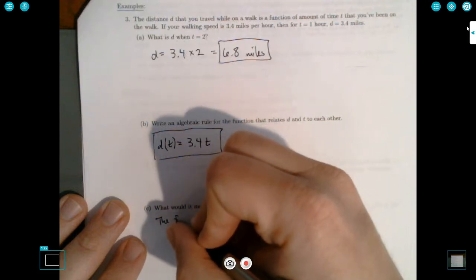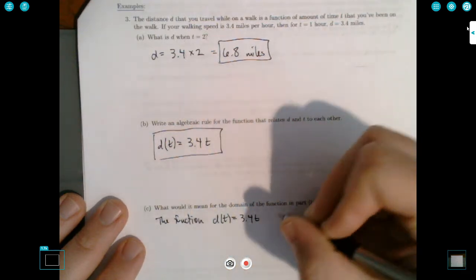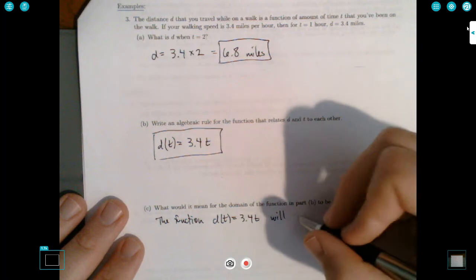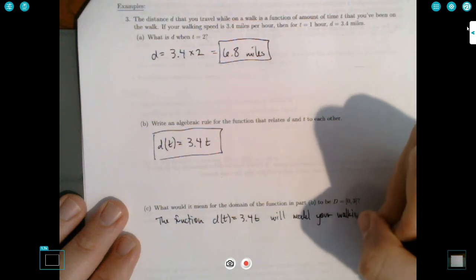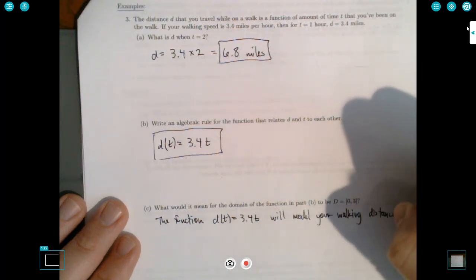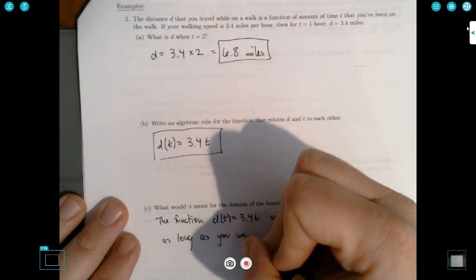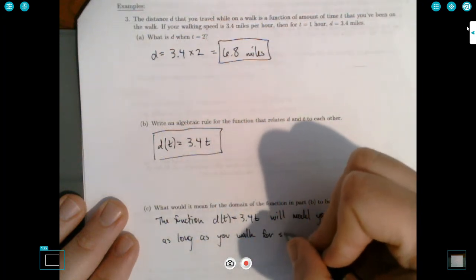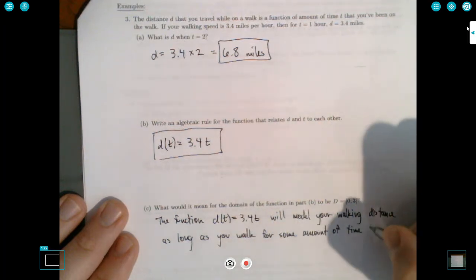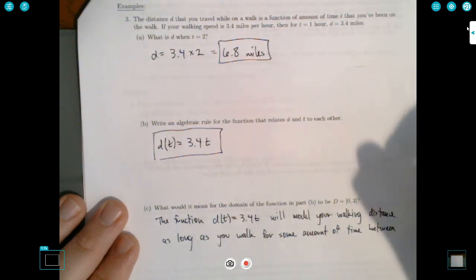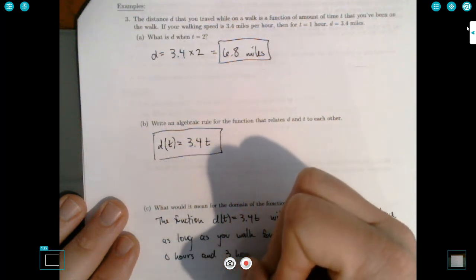So we would say the function d of t equals 3.4t will model your walking distance as long as you walk for some amount of time between 0 hours and 3 hours, right?